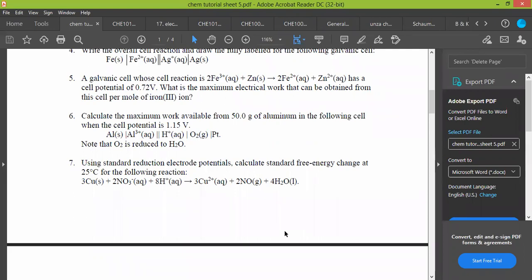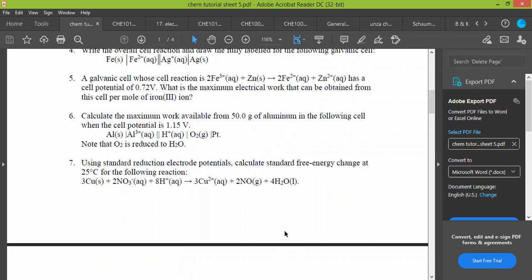Then you are going to put the number of electrons on your left. For you to know the exact number of electrons being transferred, though they will give you the number in this question, you can look at the oxidation state.